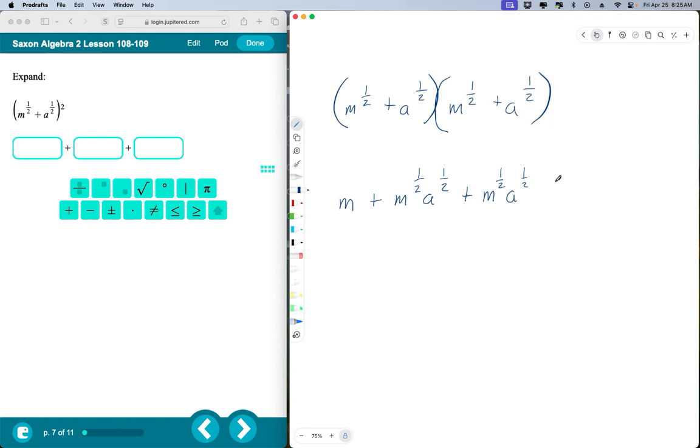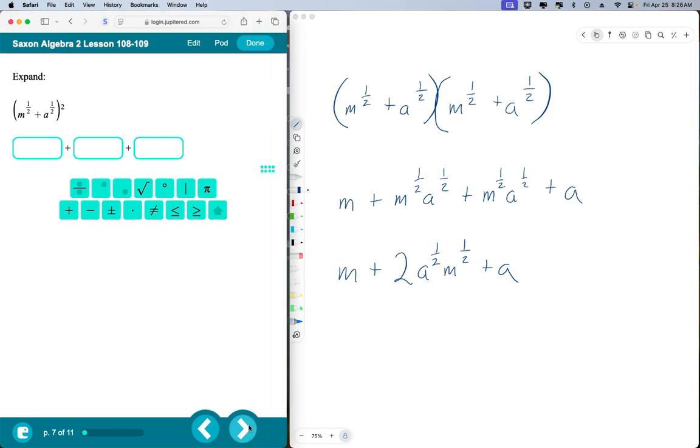That's going to be 2 over 2, so it's going to be plus a. So it's going to be m plus 2 of these, and I'm going to write this in alphabetical order. That's it. That's all that is. You're just multiplying, and when you multiply exponents, we add them. That's it. Not hard.